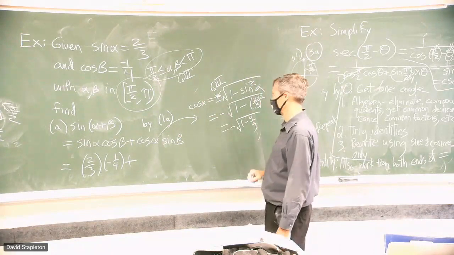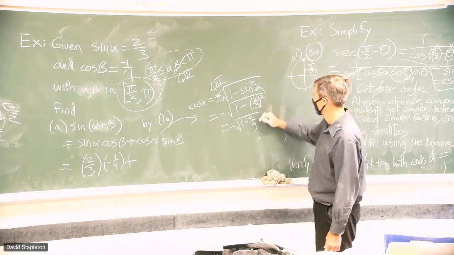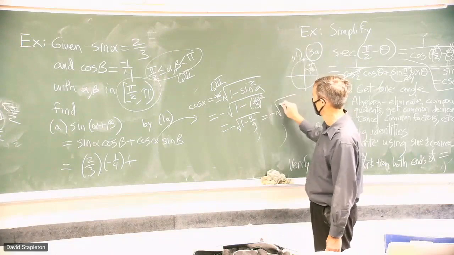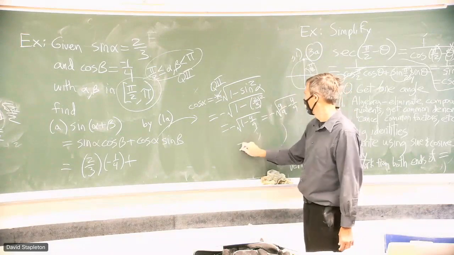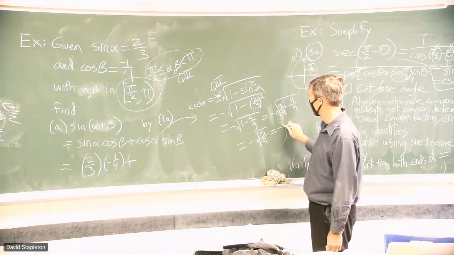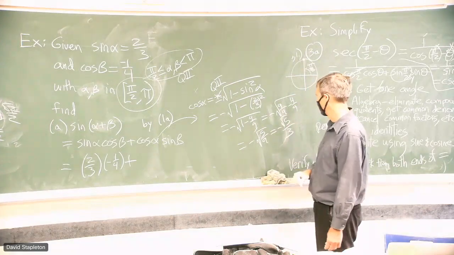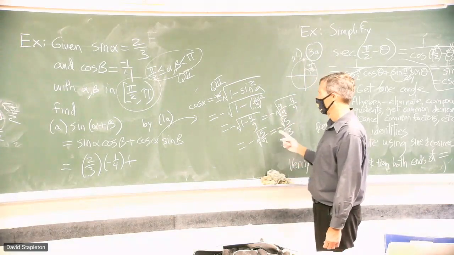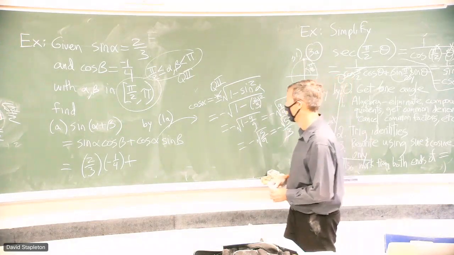Remember how to reduce these? Put them over a common denominator. Square root of 9/9 minus 4/9 is minus the square root of 5/9, which then reduces to minus square root 5 over 3. Keep your algebra teacher happy. So I can replace cosine alpha with minus square root 5 over 3.